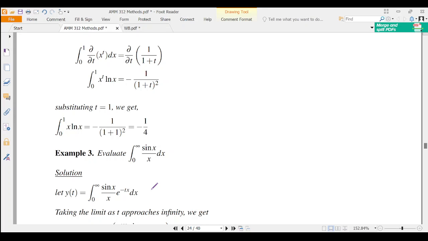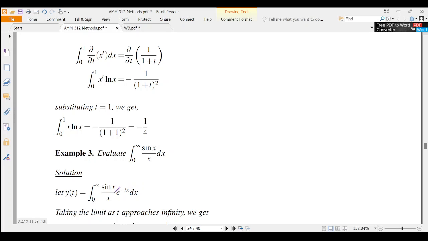This method can be used on various integrals. We have an integral such as the integral from 0 to 1 of sine of x divided by x. We can consider an alternative integral, and we set y to be the integral from 0 to infinity of sine of x divided by x times e raised to power negative tx.